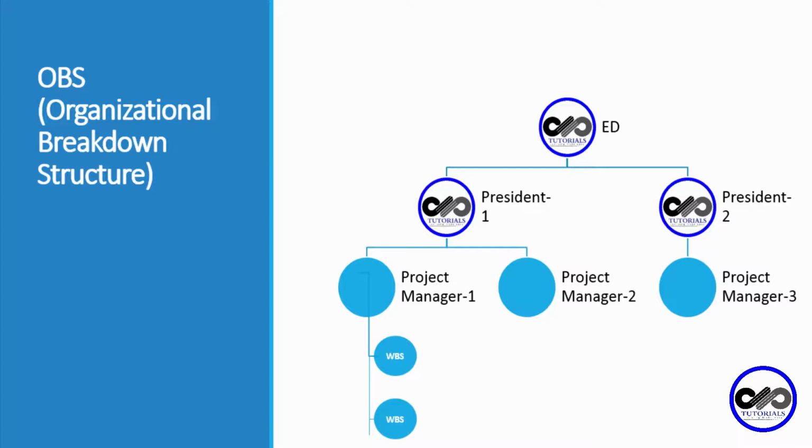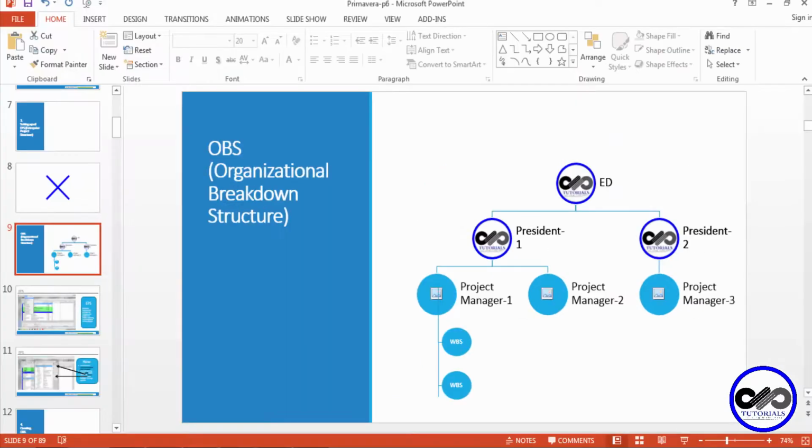While resources are assigned to activities, OBS elements are associated with EPS, which was earlier discussed. So OBS will be linked to EPS, and each project manager will be assigned a project through the EPS and OBS structures. So let's see in Primavera how to create this EPS and WBS.